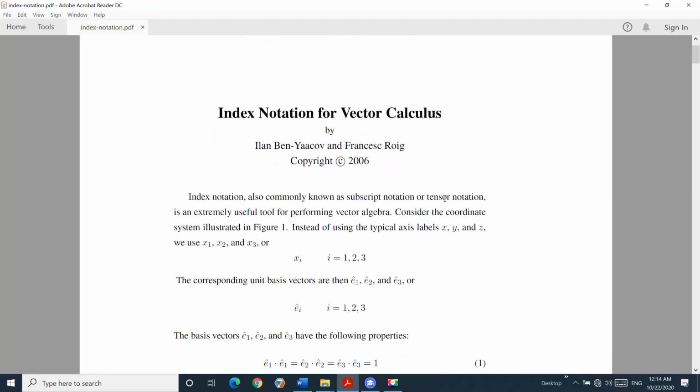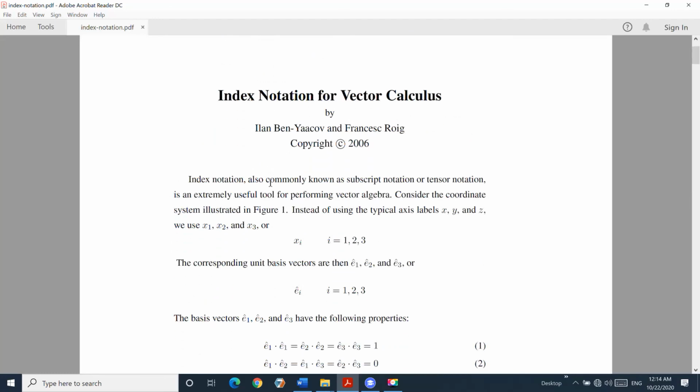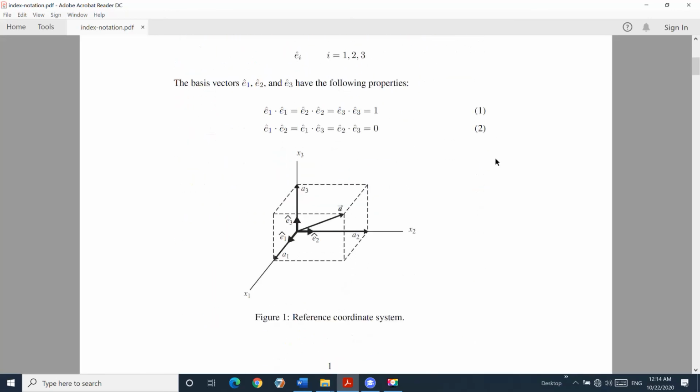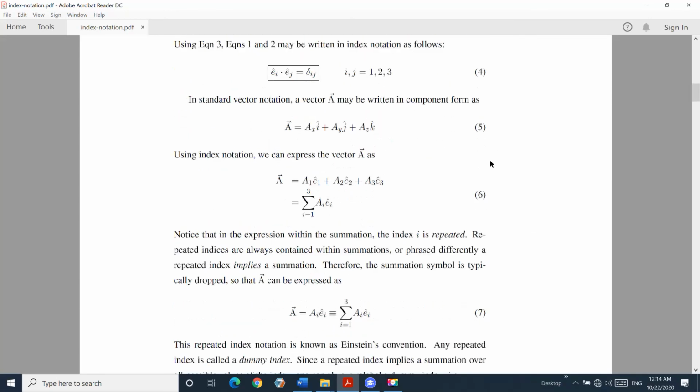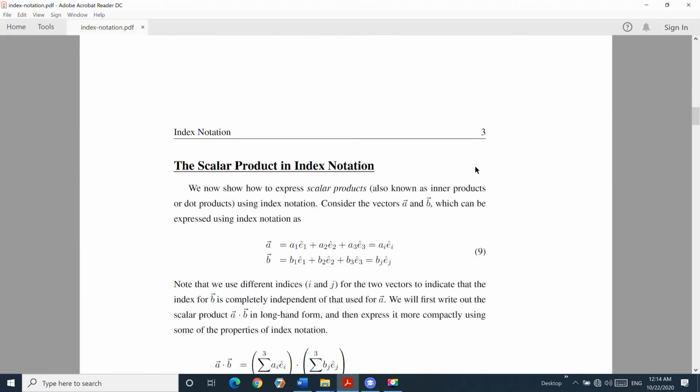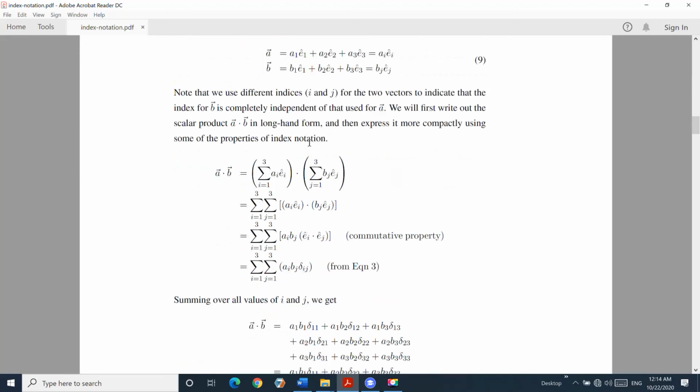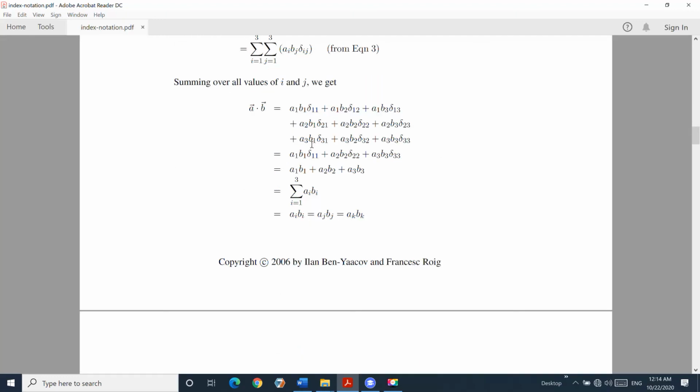Okay, basically this is what we did in this lecture. We talked about the index notation for vector calculus and the Kronecker delta, some basic rules, and the scalar product in index notation, inner product or dot product.